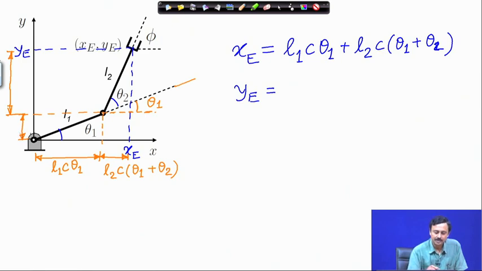Now, this distance is very easy to see is L1 sin theta 1, and this distance is L2 sin of theta 1 plus theta 2.